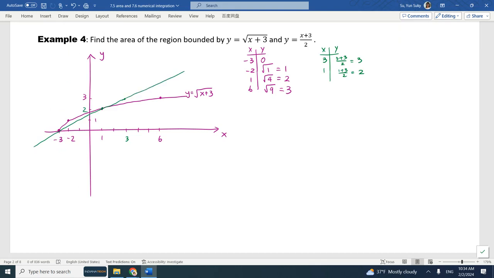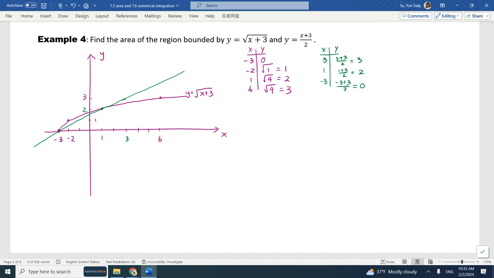Hey, when we connect them, do you see it looks like it passes through the point minus 3, 0, right? Let's verify that. We plug in x is negative 3. What happened to your y? It is 0. Yay!